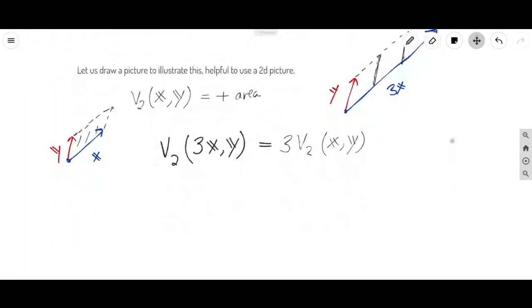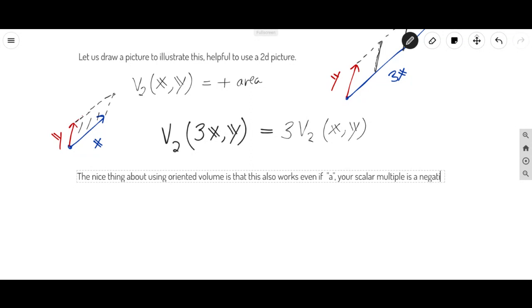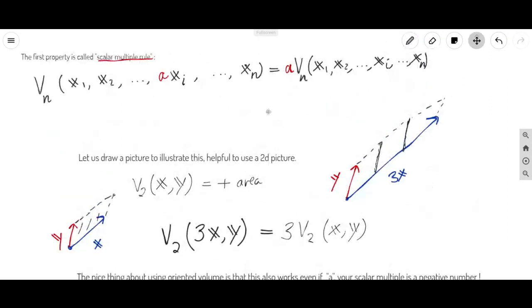Now the nice thing about using oriented volume is that this also works even if a, your scalar multiple, is a negative number. That's why we're using oriented volume, because mathematically this works.